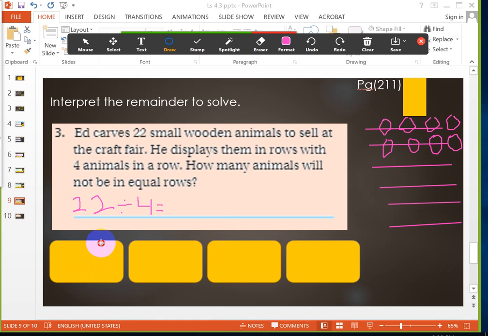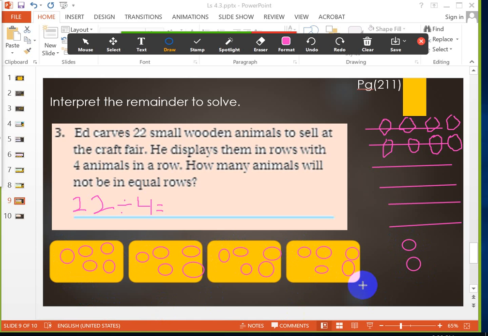Okay, 1, 2, 3, 4, 5, 6, 7, 8, 9, 10, 11, 12, 13, 14, 15, 16, 17, 18, 19, 20. And how many wooden animals are left with me?